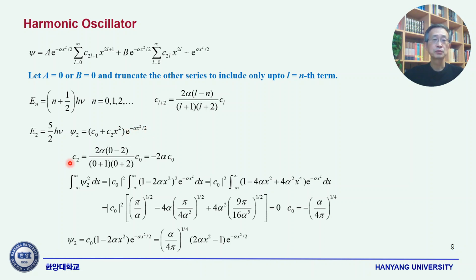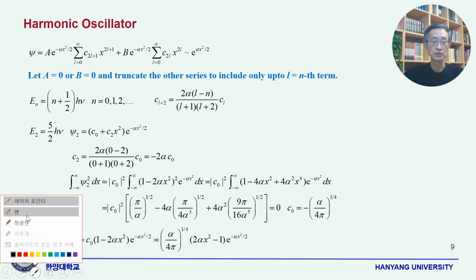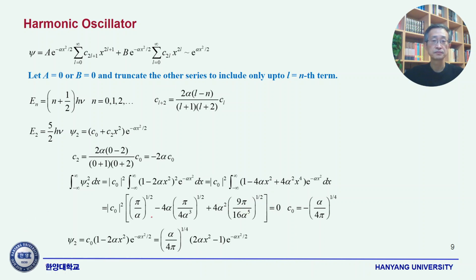Your C2 is determined from C0 by this recursion formula, which is minus 2 alpha C0. Then the normalization condition has to be used to fix this.